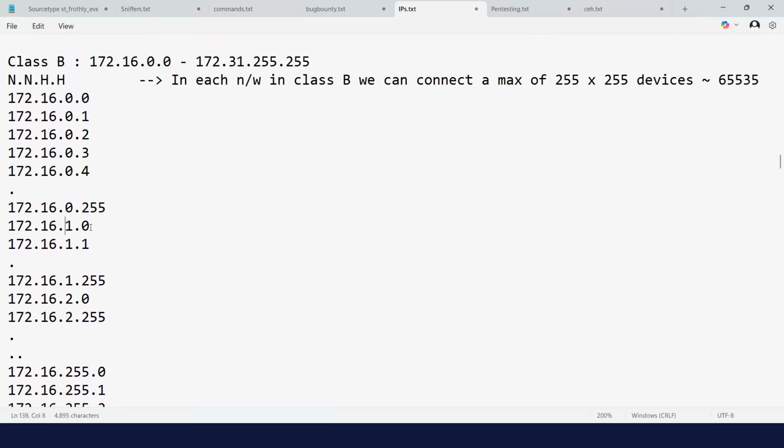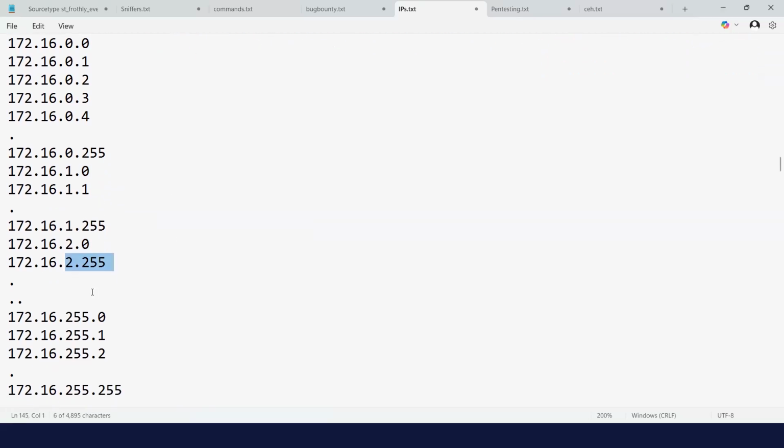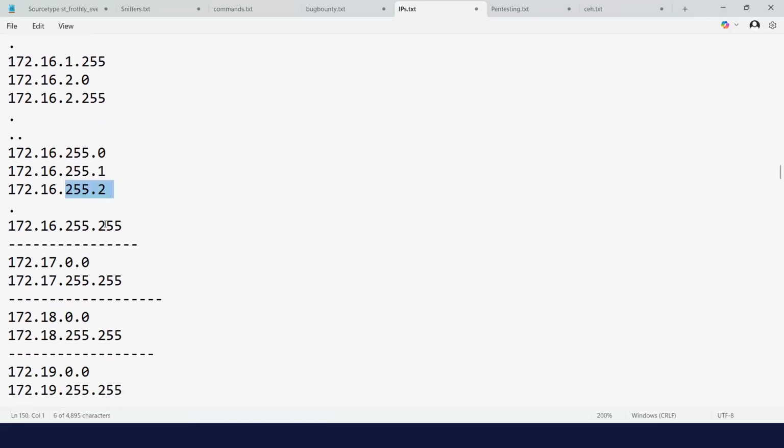After 0.255, you have 1.0, but here the network doesn't change because the last two portions are host portions itself. So 0.255 can now communicate with 1.0. Then it can also communicate with all the other IPs below it: 1.1, 1.2, 1.3, 1.4, 1.255, 2.0, 2.1, 2.2, 2.3, 2.4, 2.255, all the way up to 255.0, 255.1, 255.2, 255.3, up to 255.255. All of these belong to the same network.